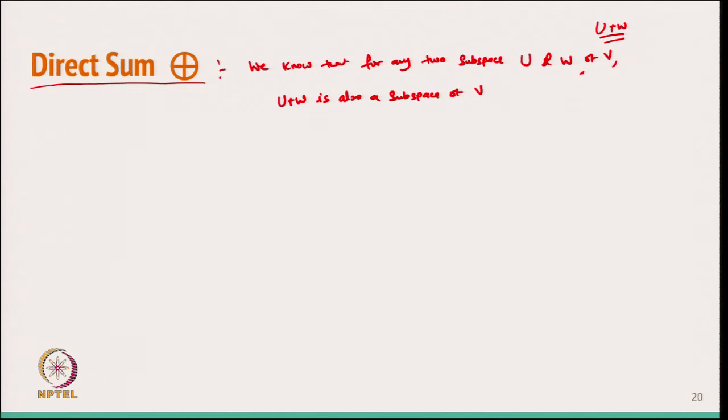That we have already seen. Now, in addition, if I find U intersection W, because we also know that U intersection W is again a subspace.